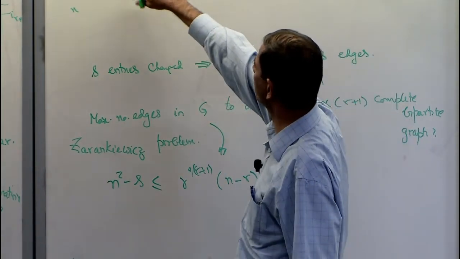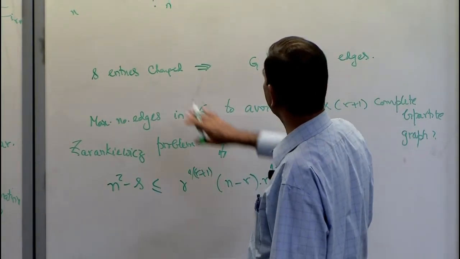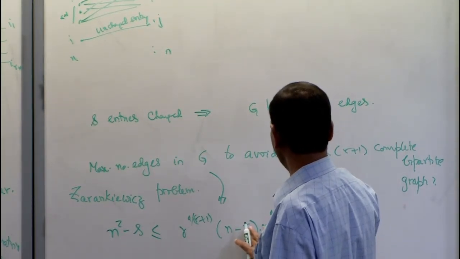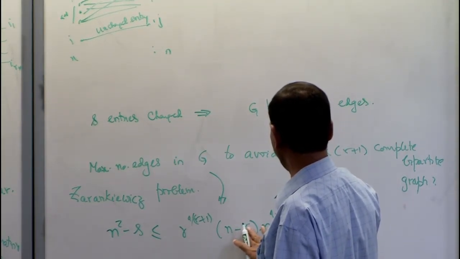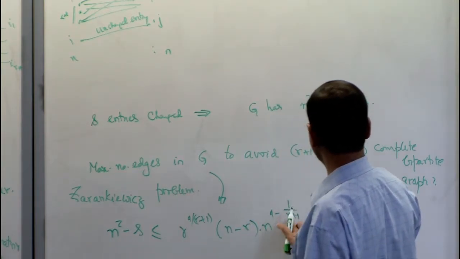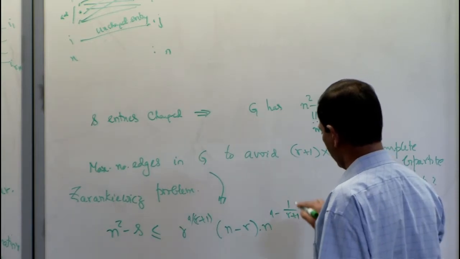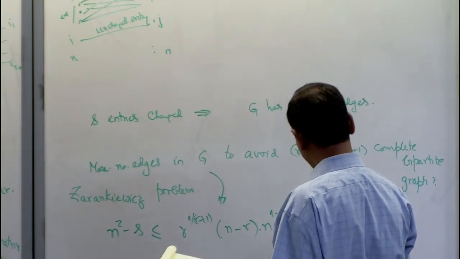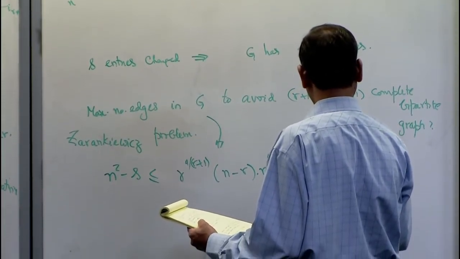So you have n squared potential edges. If you think about this as not too big compared to a fraction of n, this is like n to the 2 minus 1 over R plus 1. That 1 over R plus 1 is the loss in the exponent. That's it.